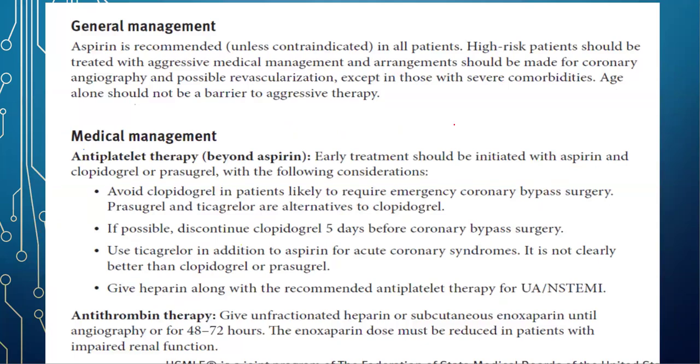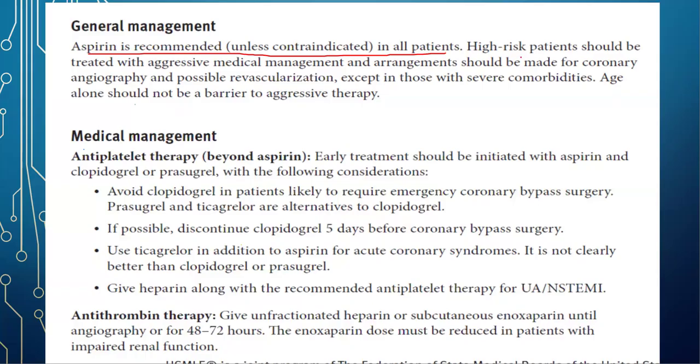Now, if a patient presents to you with symptoms of ST elevated MI or acute coronary syndrome, what is the first thing that we should do? You have done an ECG, whether it is showing ST elevated or non-ST elevated MI, the management is the same initially. So we will start with aspirin. Aspirin is the first line management for every patient who has acute coronary syndrome-like symptoms.